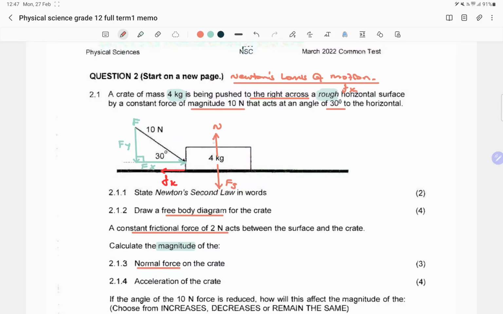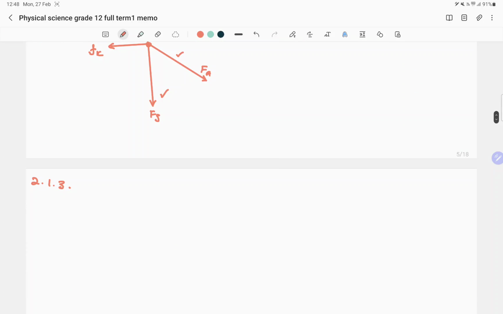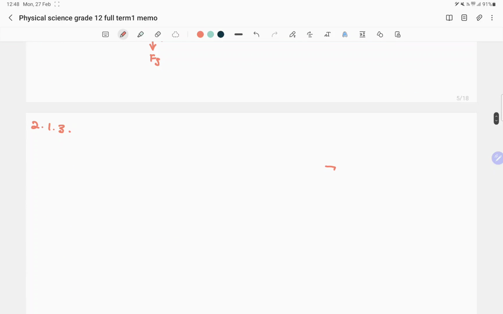So of the vertical forces, the normal force is opposed by the perpendicular component of our applied force and the gravitational force. So we can put it down here so that we know we have something to work with. Okay, so we know that there's 2 forces directed down. There's the weight, and we've got this perpendicular component of the other force.